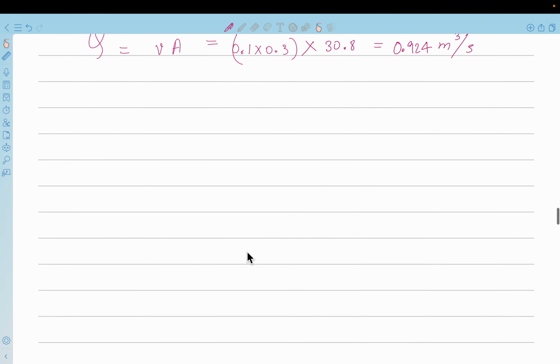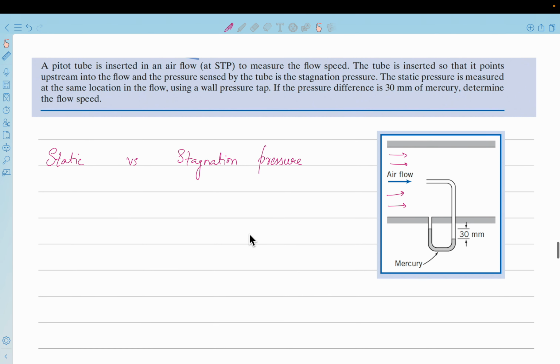Yes, anybody? What is static pressure? Or what is pressure? Yeah, go. The force per unit area.